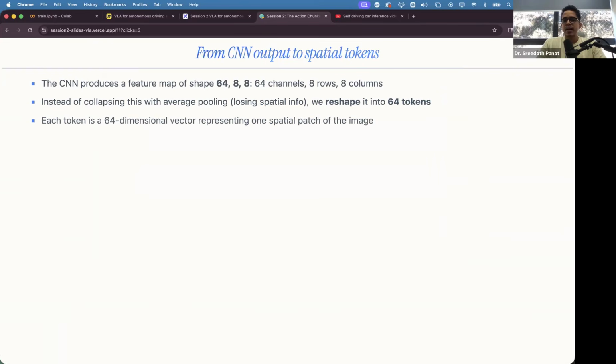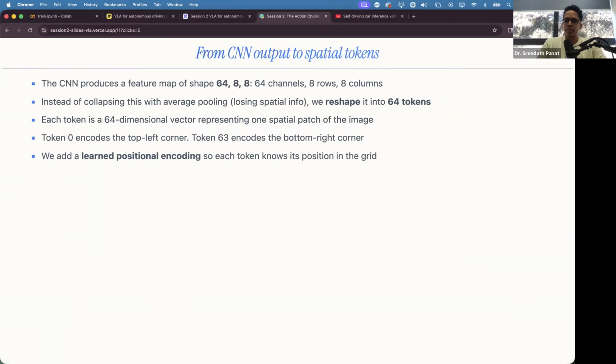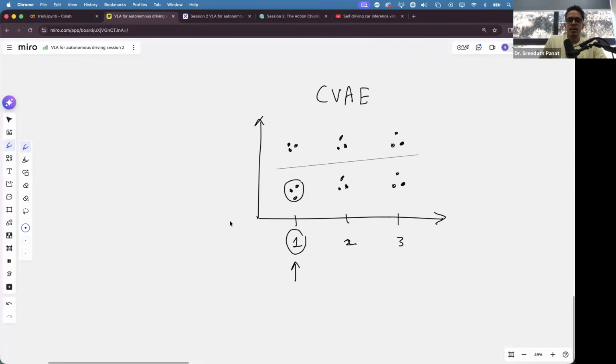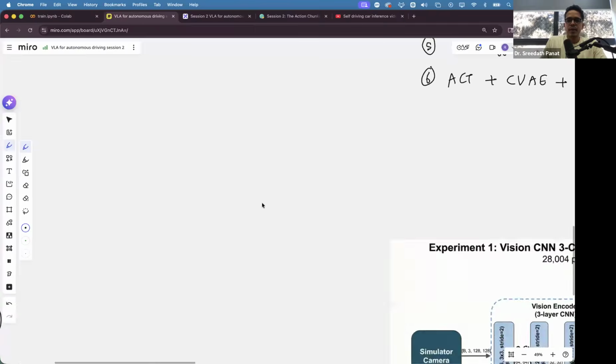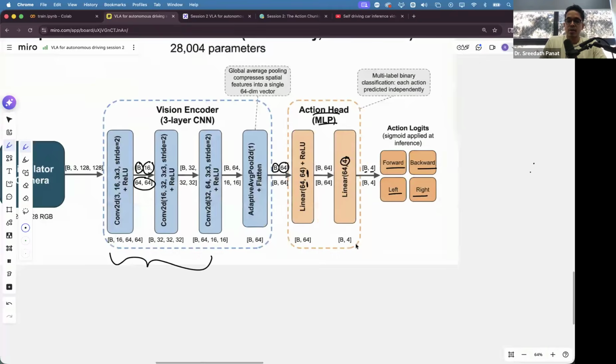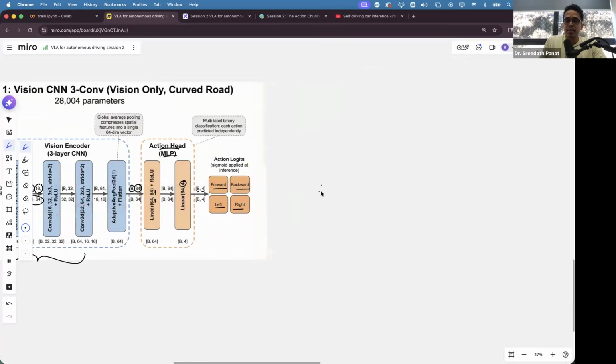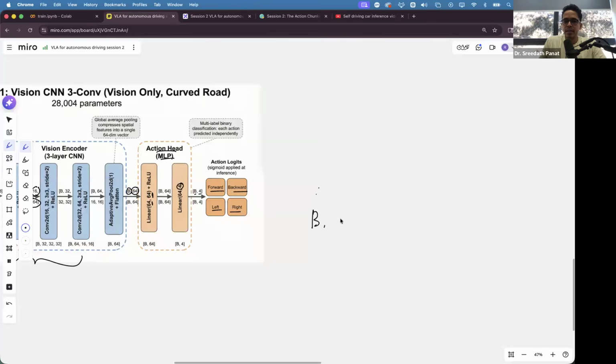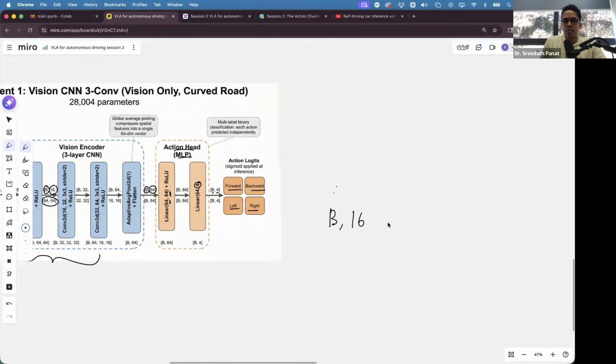Now comes the idea of action chunking transformer. In the case of convolutional neural network, what we did was we had the batch dimension, then 16, 64, 64.